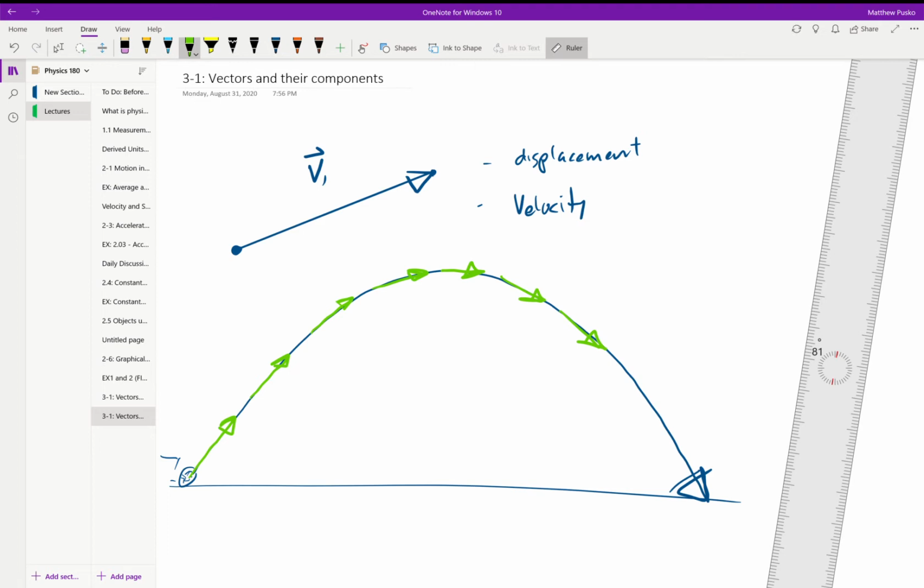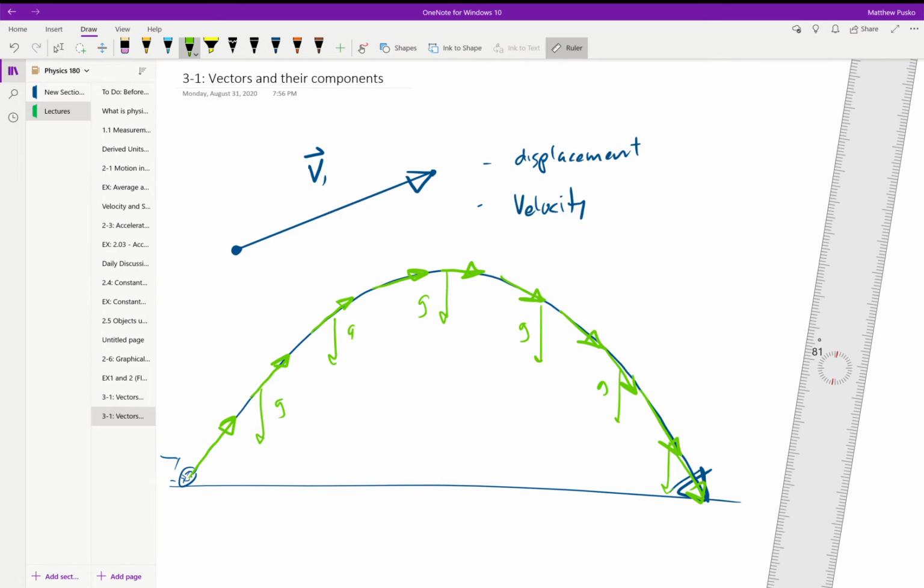So if we have a velocity and there's a change in the velocity vector, then some acceleration had to have taken place. And that could be gravity pointing down the whole time. The same 9.8 meters per second squared is pulling us down through the whole entire path.